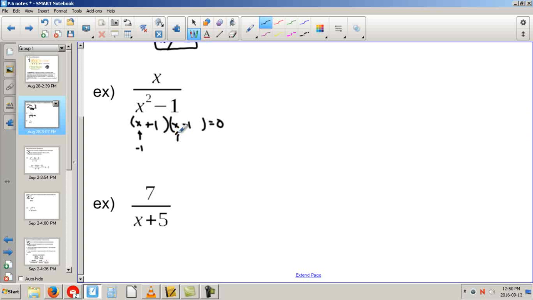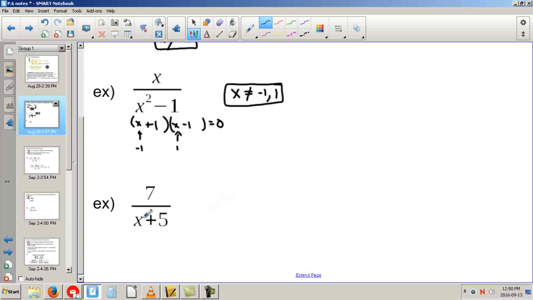But at the same time, if x was a positive 1, 1 minus 1 is 0, and this 0 times whatever's over here would still turn out to be 0. So in this problem, I would say that x is not allowed to be negative 1 or 1. Those are not acceptable answers, because in both cases, when you square them, they become 1 minus 1. We get 0 in the bottom.